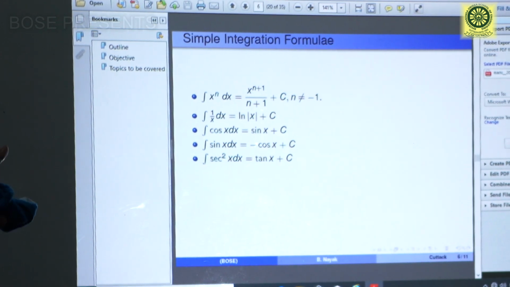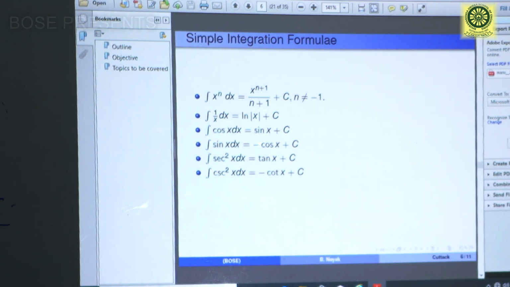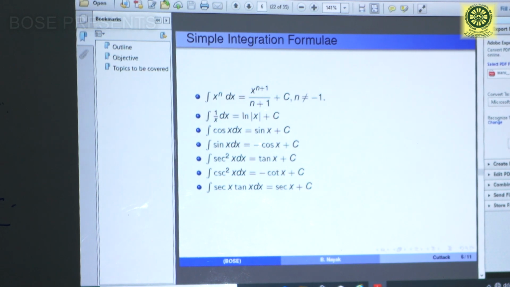Since the derivative of tan x is sec square x, the integral of sec square x with respect to x is tan x plus c. Similarly, since the derivative of minus cot x is cosec square x, the integral of cosec square x with respect to x is minus cot x plus c. As the derivative of sec x is sec x tan x, the integral of sec x tan x is sec x plus c.